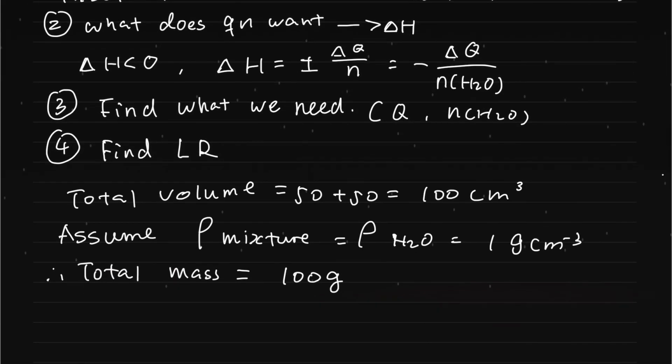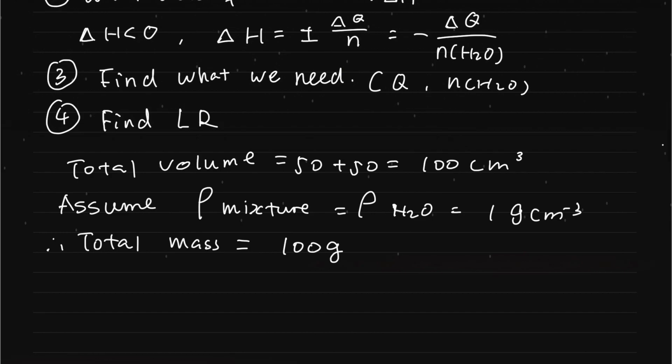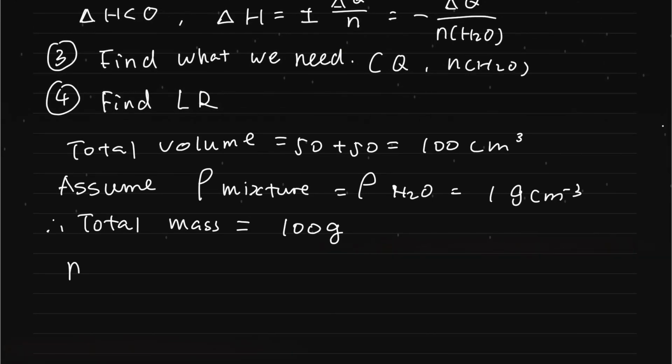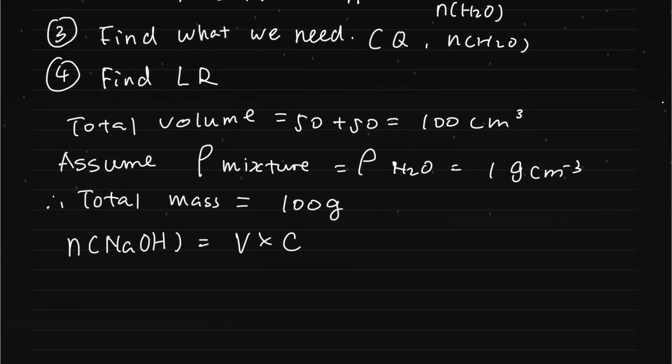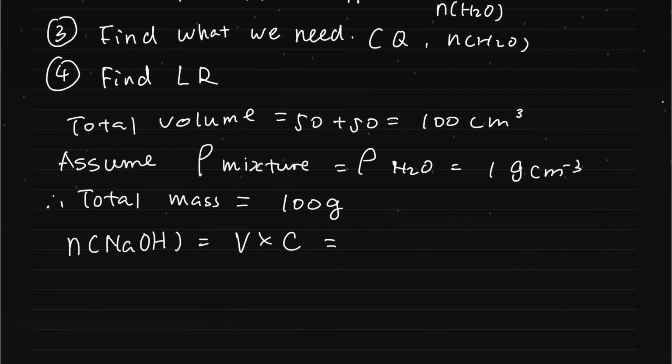In regard to limiting reactants, the moles of NaOH is its volume times its concentration. We can see from here it is 2.0 mol per dm³. So it equals 50 times 10 to the power of minus 3 times 2 mol per dm³, which equals 0.1 mole.